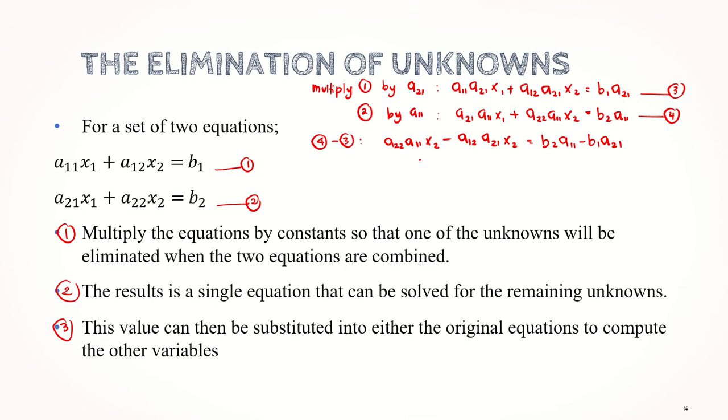Then we solve for x2 to get b2 a11 minus b1 a21 divided by a22 a11 minus a12 a21.